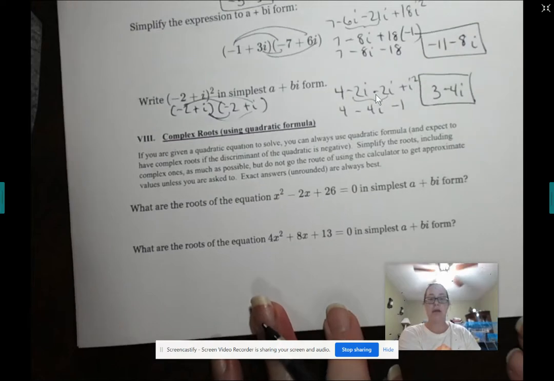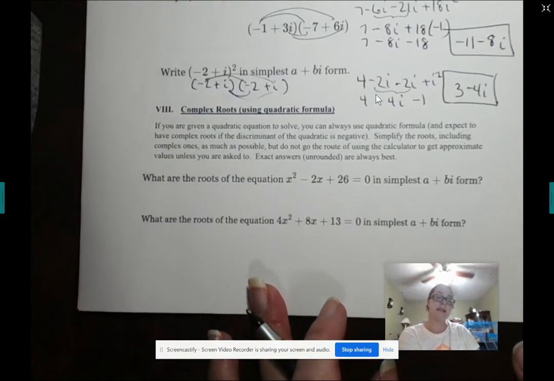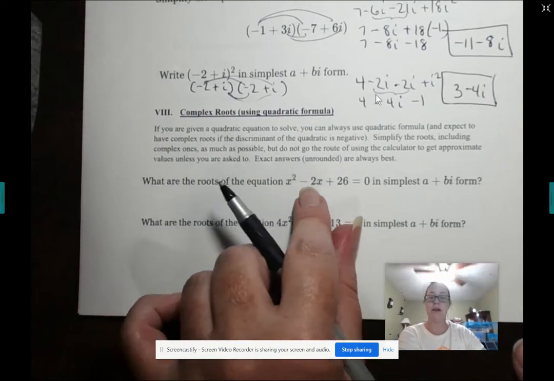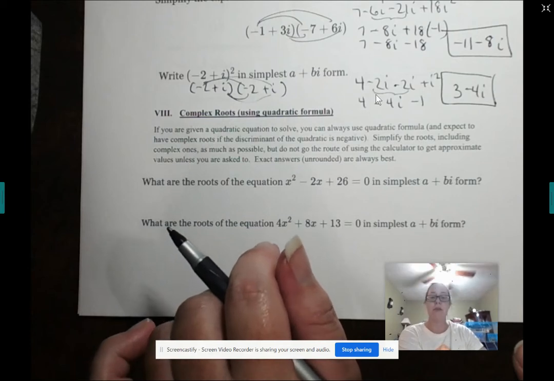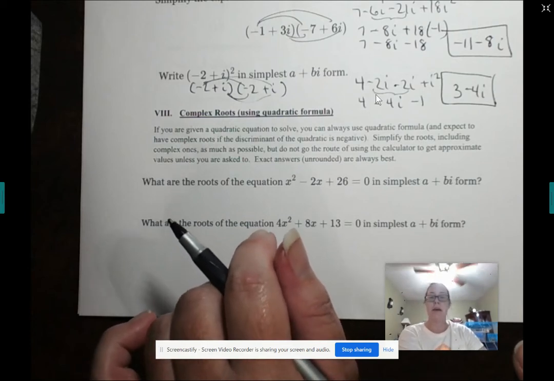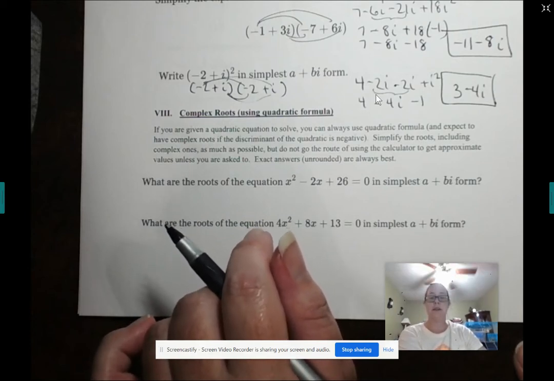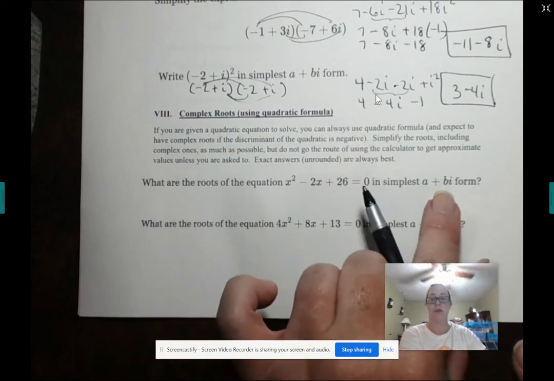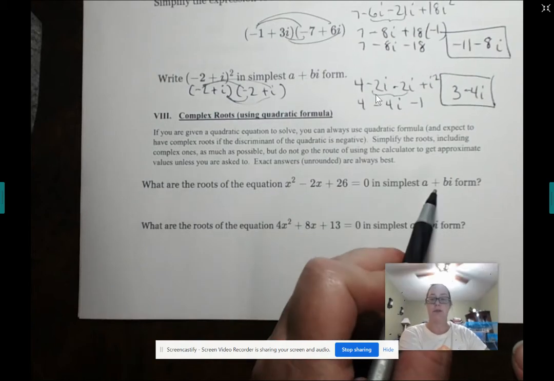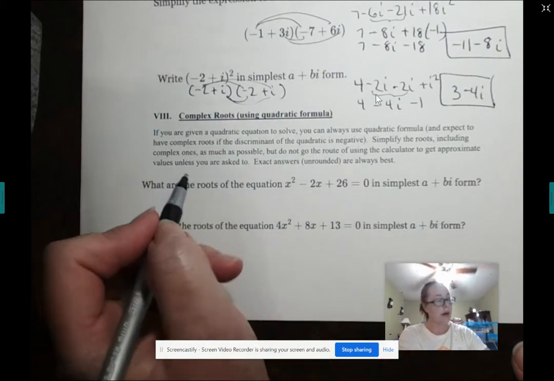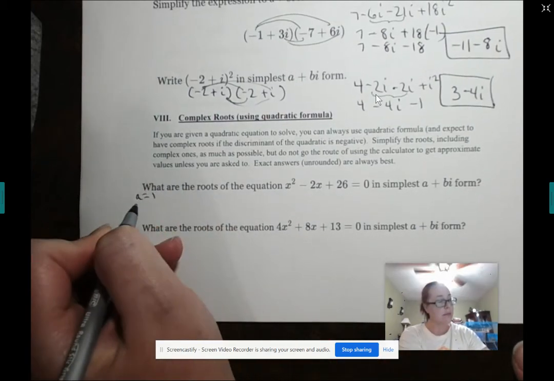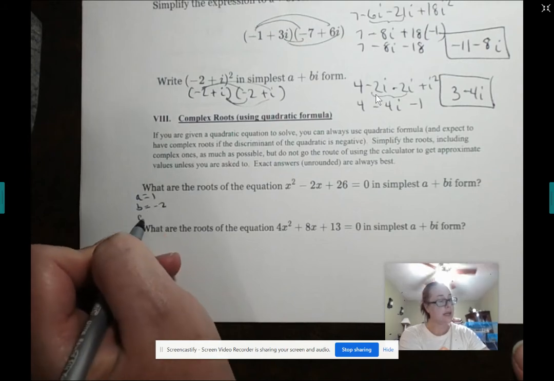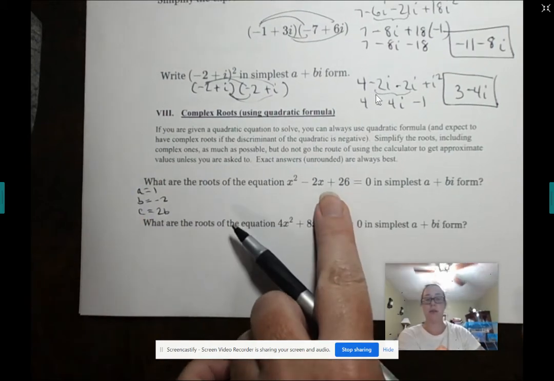All right, now that we've been working with complex numbers a little bit, can we find roots of any quadratic? Remember, they could be real, but if the discriminant is negative using the quadratic formula, it's going to be a complex number, and we're going to reduce it to this form if possible. So remember, a is 1, b is negative 2, and c is 26 in this particular problem.